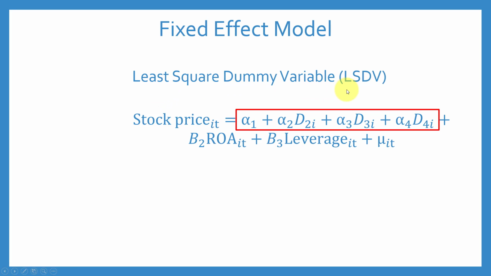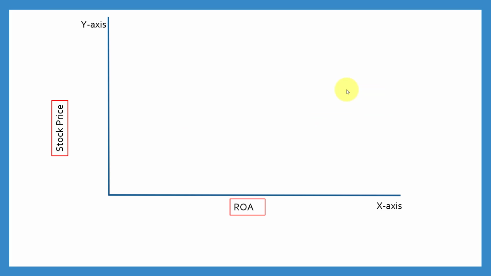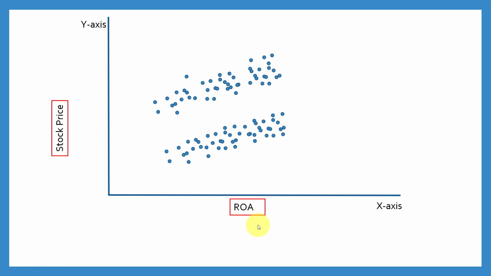Now to further elaborate this idea, let's have this graph over here where we have stock prices on the y-axis, which is our dependent variable, and ROA, which is return on asset, on our x-axis, that is our independent variable. And let's say we have this data over here, right? This is the actual data that we have.